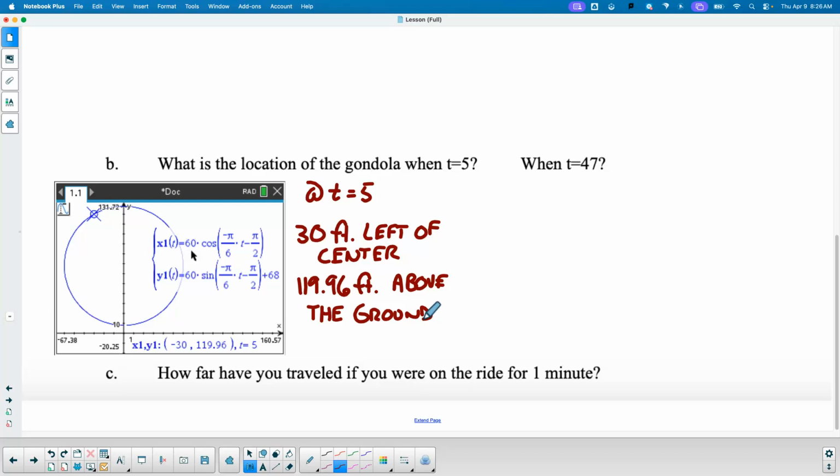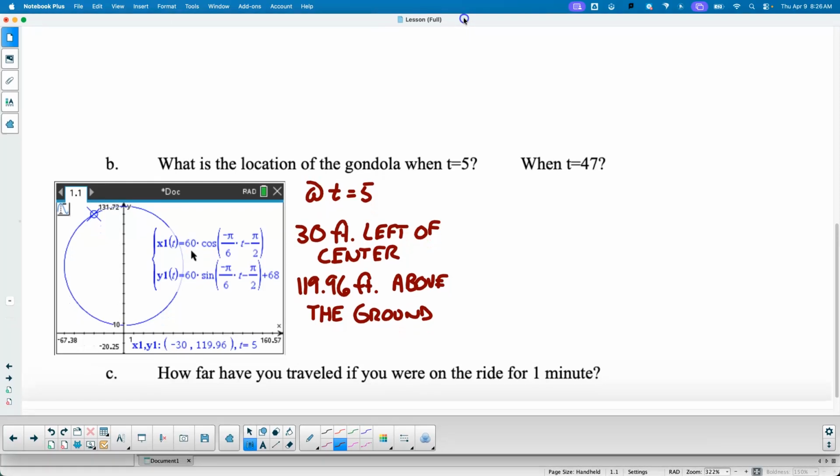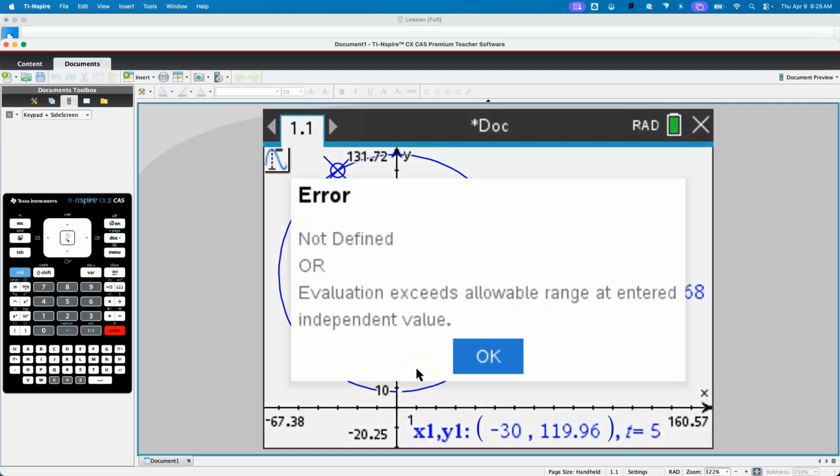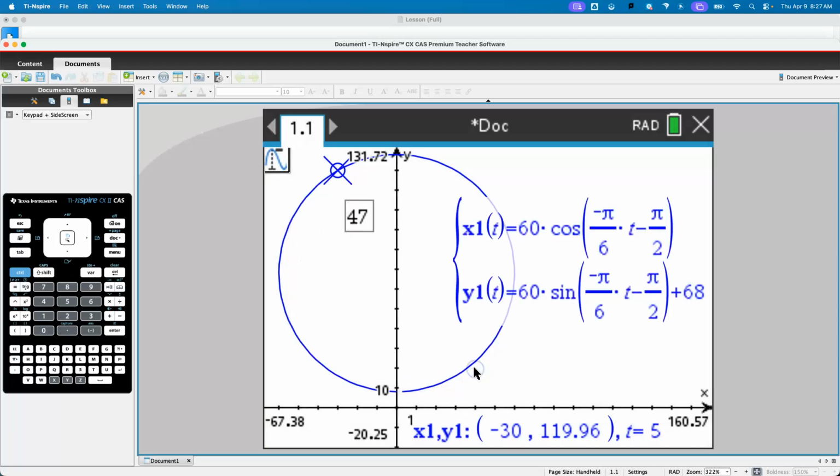Okay. What about when t equals 47? I can't type in 47. I get an error. Because it's only up to 12. So what should I type in instead?